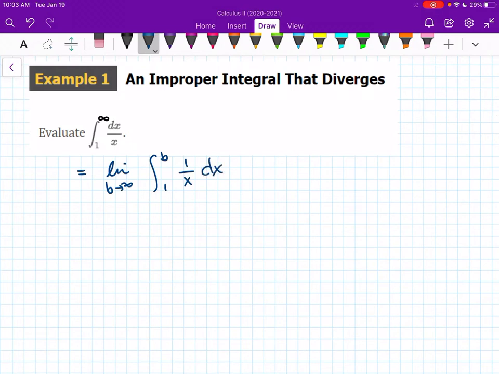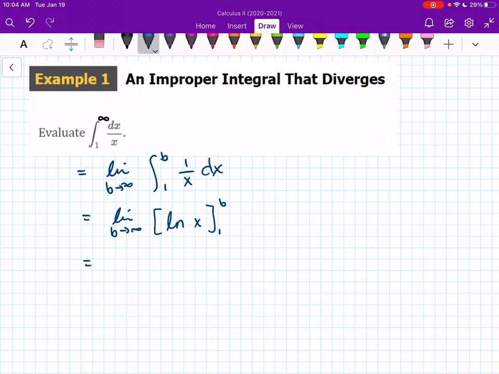And then I'm going to go ahead and take the antiderivative of 1 over x, which is natural log. So now I have the limit as b goes to infinity of natural log of x from 1 to b. And both 1 and b are positive, so we don't have to worry about absolute value.